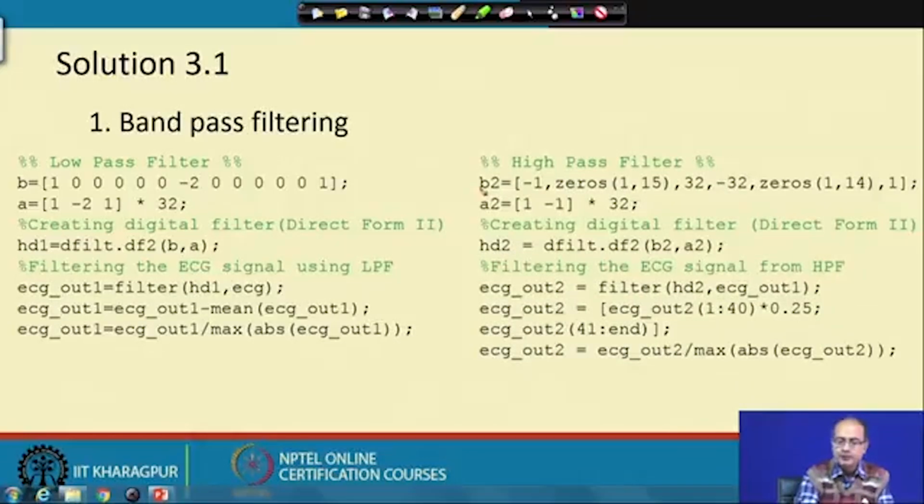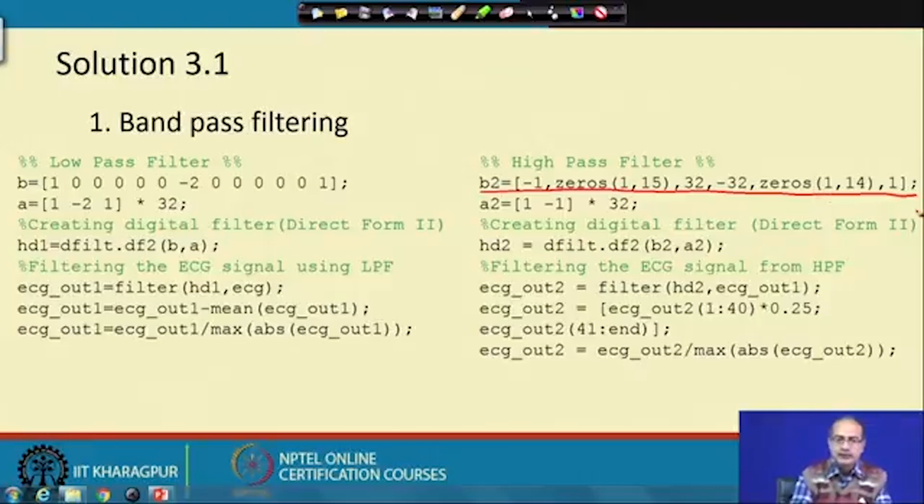We have the polynomial coefficient b, and it consists of a bigger length: -1 followed by 15 zeros, then 32, minus 32, then 14 zeros and 1. So, we have a big length here. 1 plus 15 plus 1 plus 1, that is 18, plus 14 is 32, plus 1, 33.